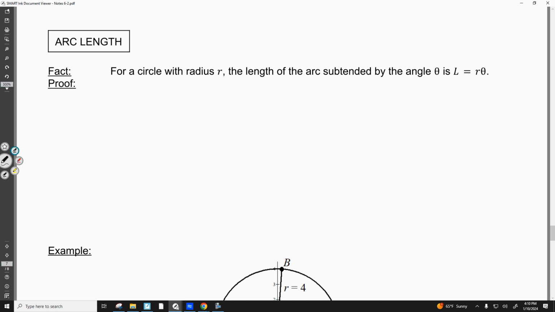Triangles are proportional. Circles are proportional too. What does that mean? The arc length of a circle divided by its circumference is equivalent to the arc length of another circle divided by its circumference.